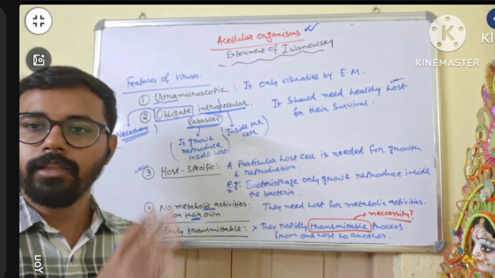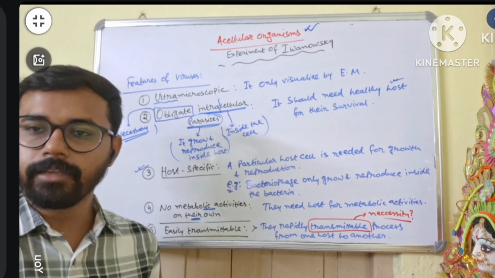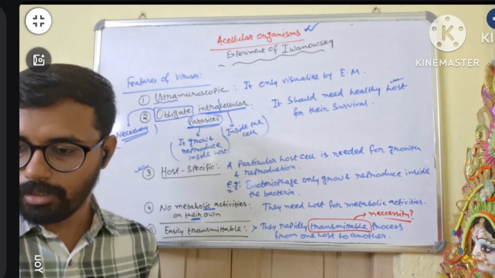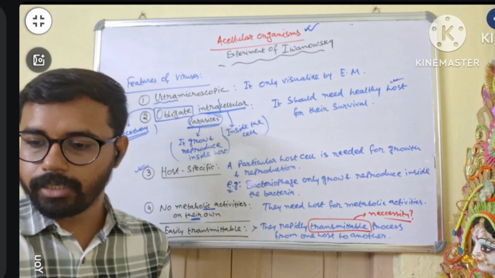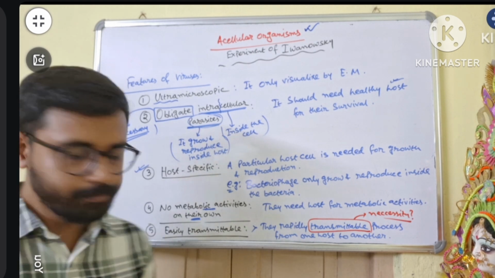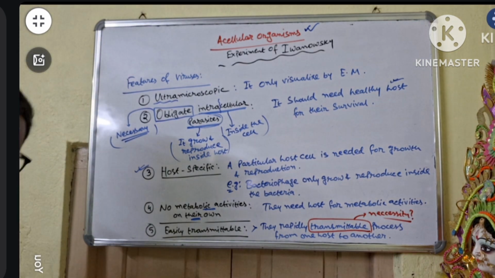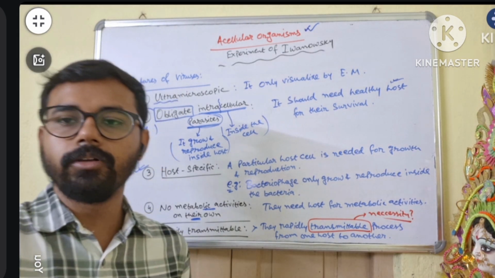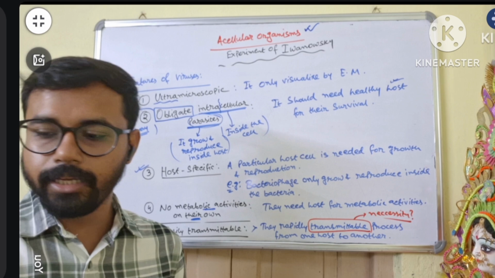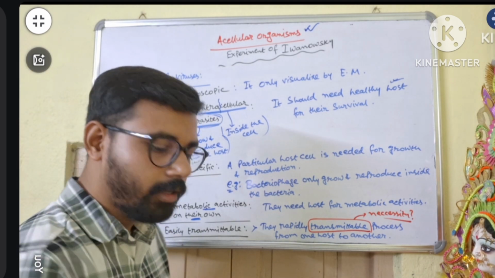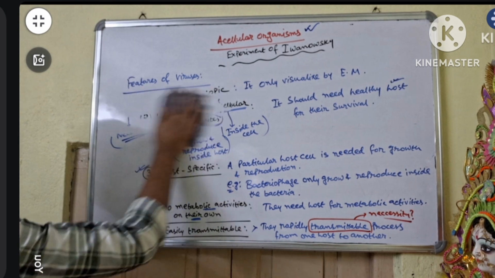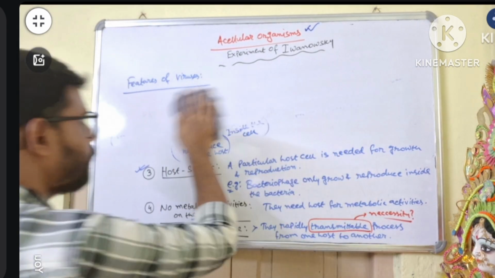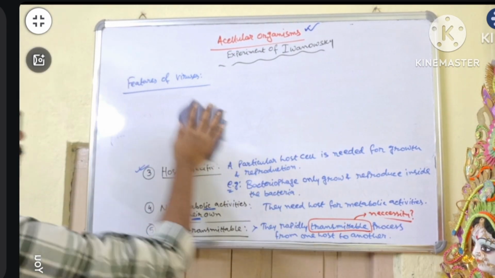We also saw in the COVID situation that it spread havoc in humans, with quick spreading. Because that is the character of a virus: it needs a healthy host, and for survival and growth they need healthy humans or healthy hosts. That's why transmission is very important in the life cycle of any virus.